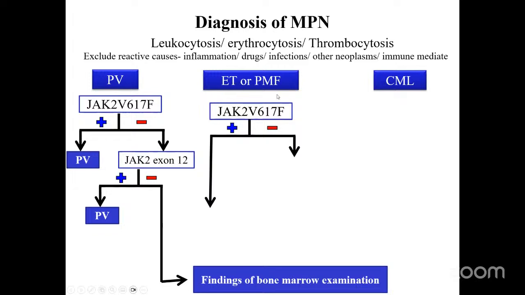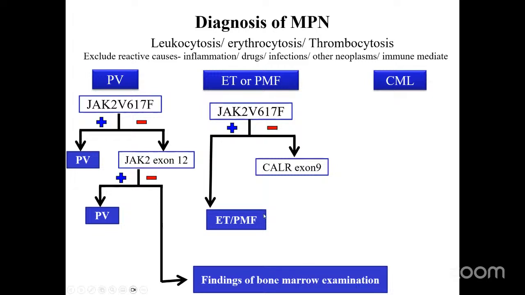For ET and primary myelofibrosis, again, you would start with the JAK2. These days, we do a next generation sequencing, a more comprehensive panel, so we are not doing these in a sequential manner. But if you were to do it sequentially, JAK2 is more common, so you would start with that. If that is positive, based on the clinical and morphological look of the bone marrow, it's either an ET or a PMF.